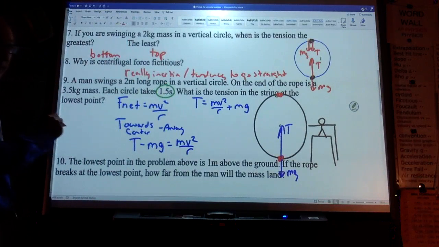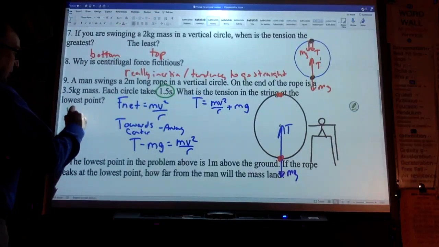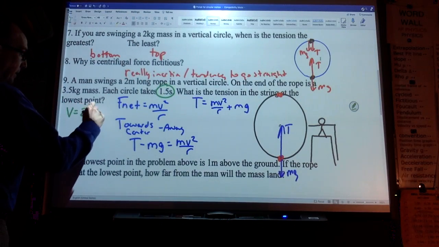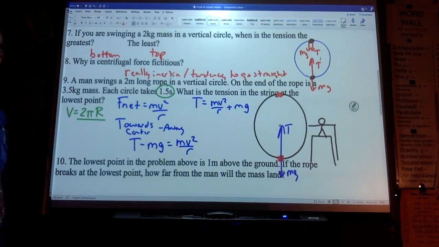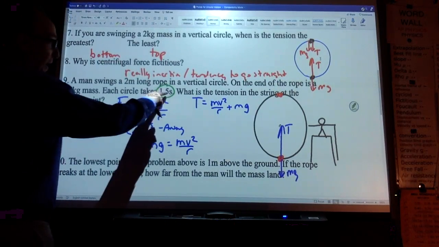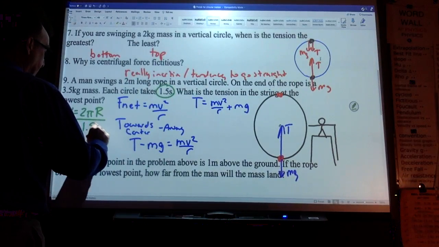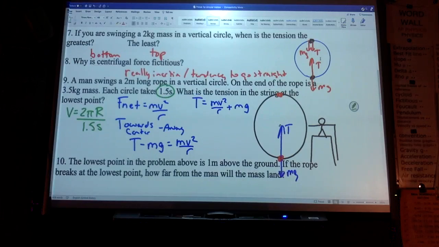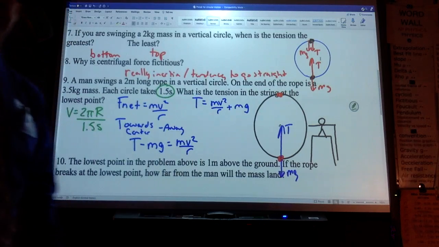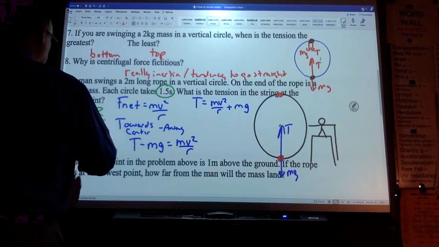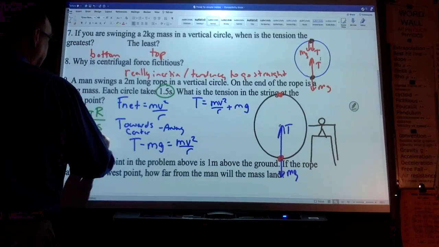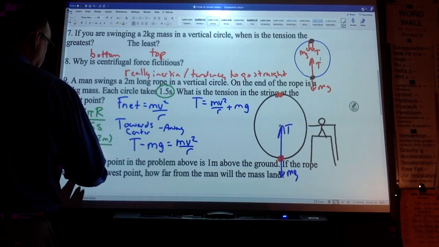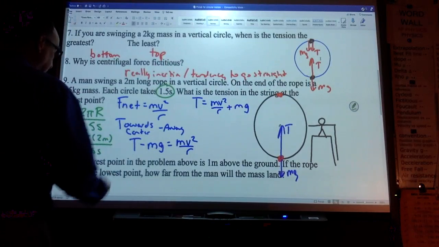And our velocity is going to be equal to our circumference, which is 2 pi r divided by this period, that's 1.5 seconds. I'm not going to put in capital T because unfortunately we already have a capital T from tension. I don't want to confuse you. So I'm going to have 2 pi times 2 meters over 1.5 seconds.